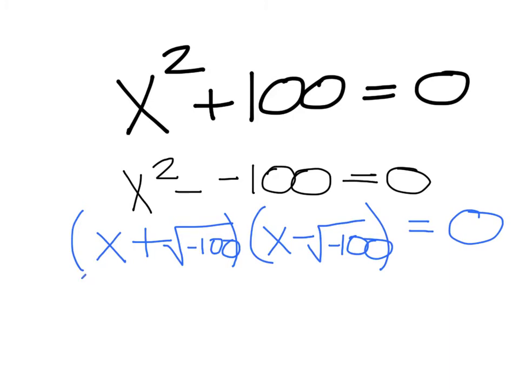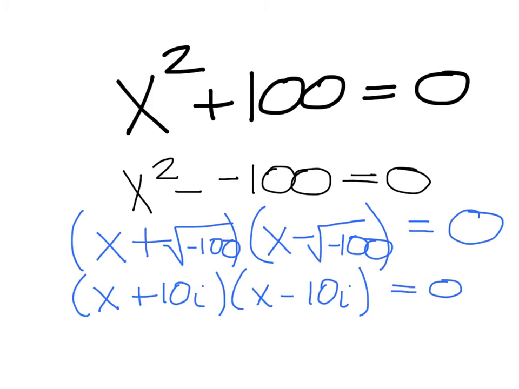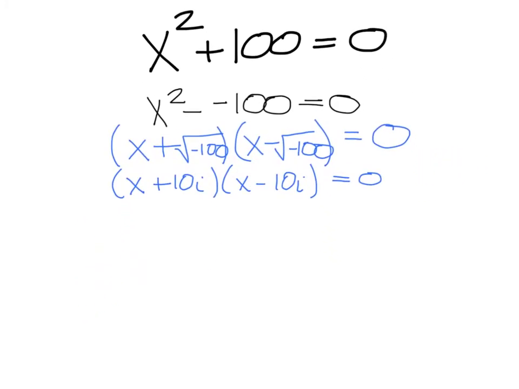So we'll have x plus 10i, x minus 10i. And you know from before that the answer is simply the opposite: negative 10i or positive 10i. To save ink and lead, you can write plus or minus 10i.